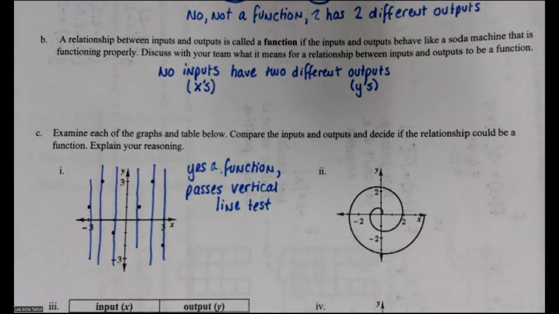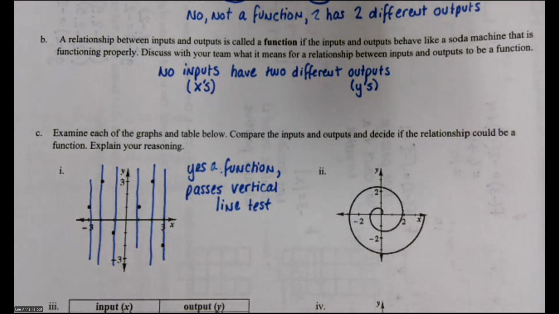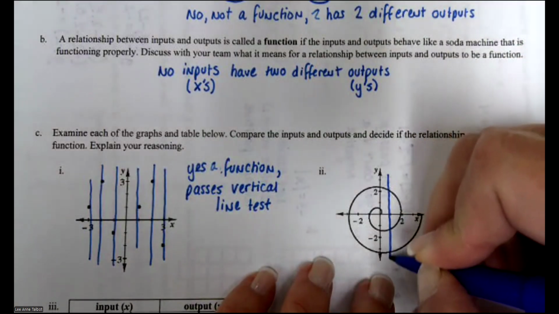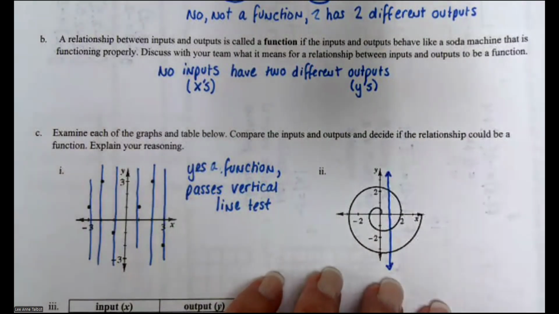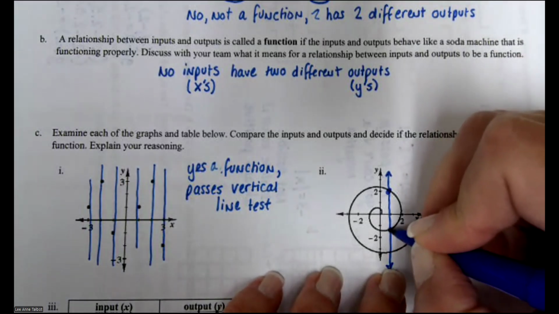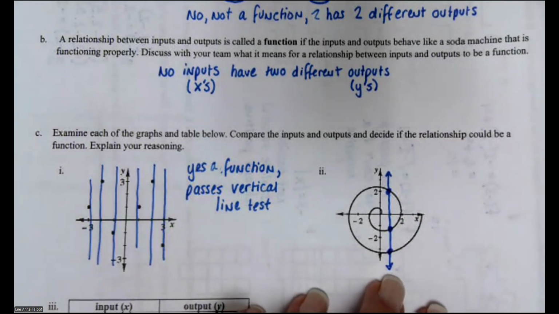Okay, take a look at the snail shell spirally deal. Do you see any parts of the graph that are located directly above any other parts of the graph? Yeah, a lot of them. Let's just put one vertical line right here. If it's going to fail, you only need to draw one example of failure. So right here, and right here. There's 3 actually in this spot.